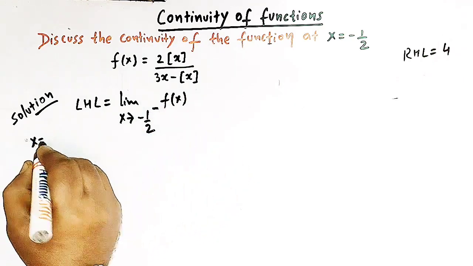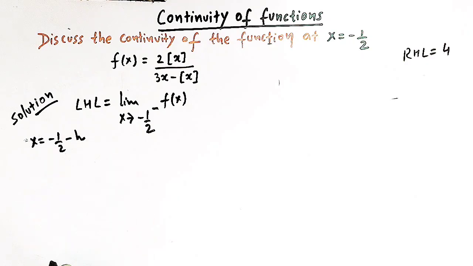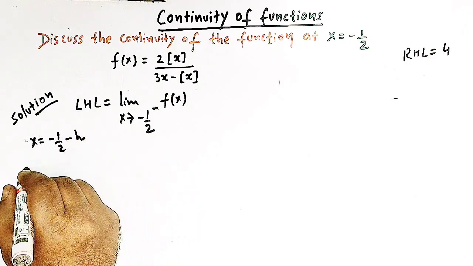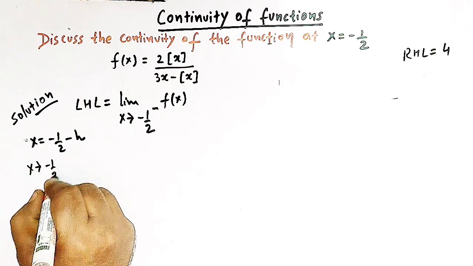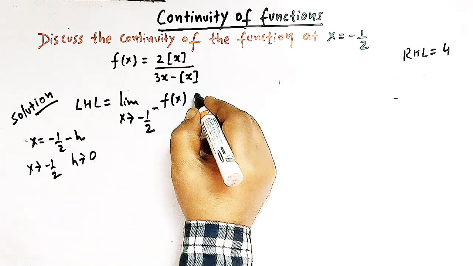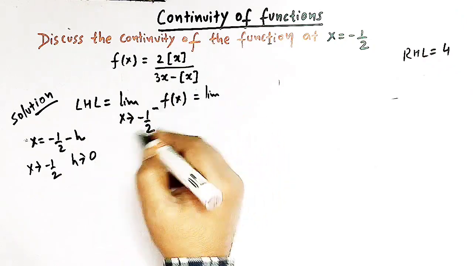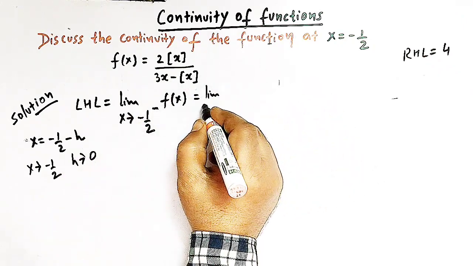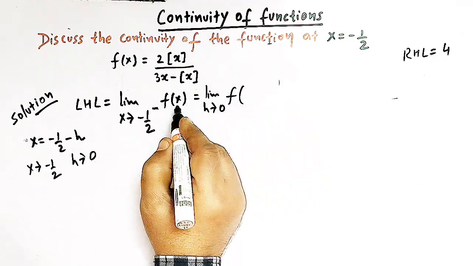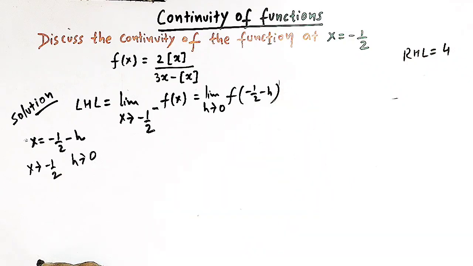So let us substitute x is equal to minus half minus h to get the value of left hand limit, and when x tends to minus half, then h tends to 0. So now we have limit, and we can express this limit in terms of h, and here we have h tends to 0, and f of x is minus half minus h, right?